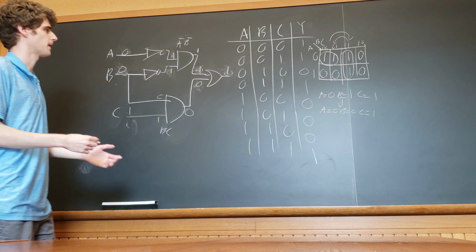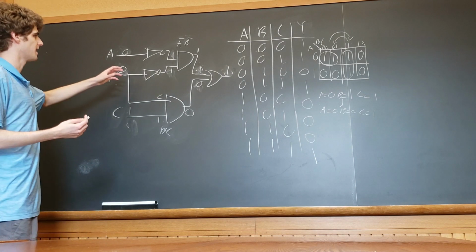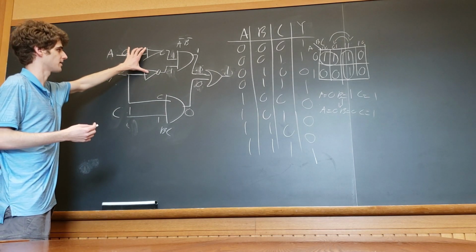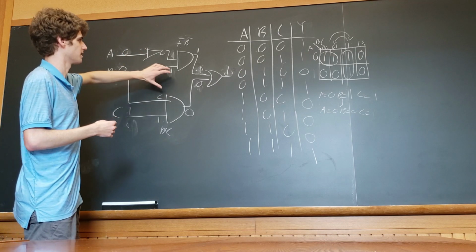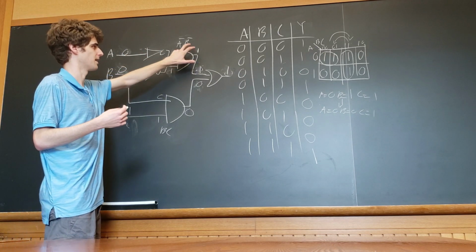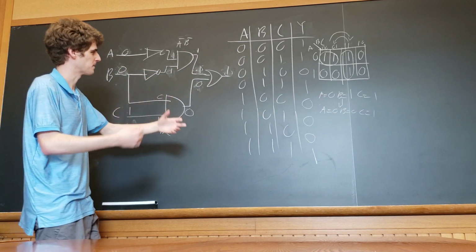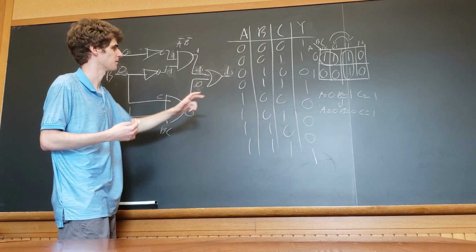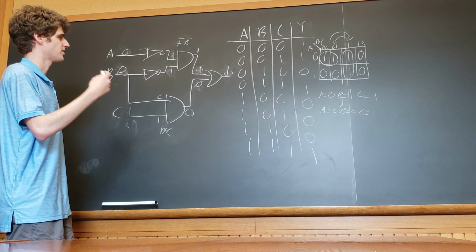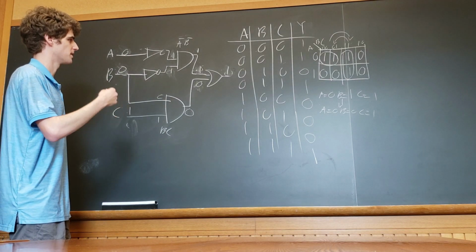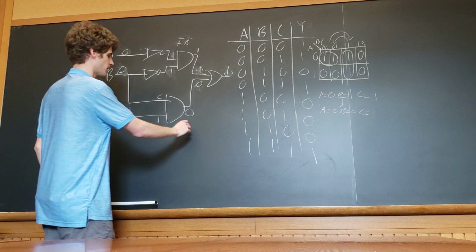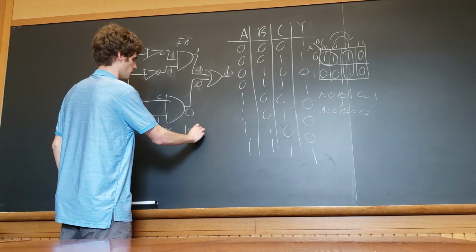But the important part there was that due to this delay associated with NOT gates, which cause a delay here, which ultimately causes a delay on the output of this AND gate, which then ultimately caused a delay on the output of this OR gate, we saw that there was a delay on the final output. We started with a 1 and wanted to end up with a 1, right?